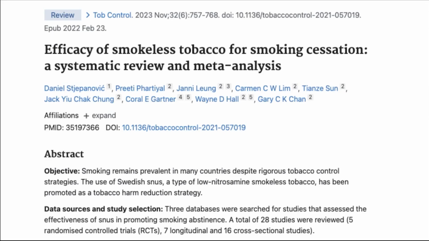Okay, and I just threw in 3 examples just to show you the differences in even just the title and the objective of 3 different articles that all have to do with smokeless tobacco and smoking cessation. So here you can see it says efficacy of smokeless tobacco for smoking cessation, a systematic review and meta-analysis.